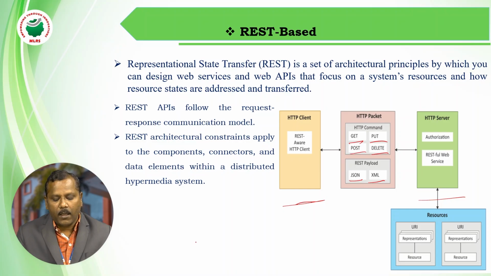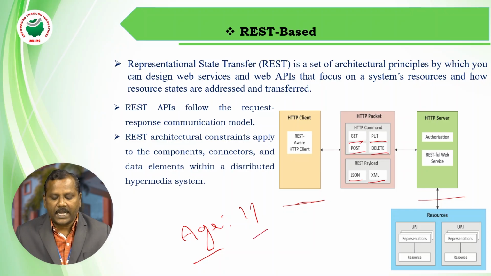For example, age is 11. Here age is the key and 11 is the value. This is a Python dictionary. Similarly, JSON is also like a dictionary of key-value pairs, where age is the key and the value is 11.